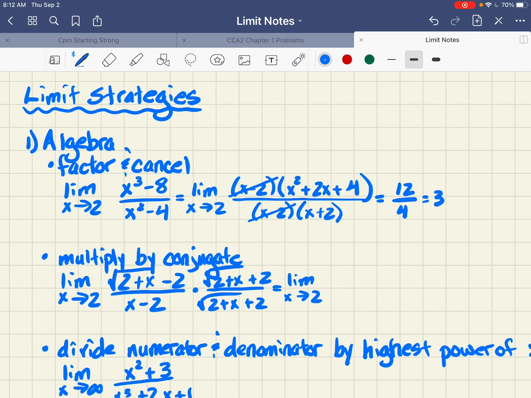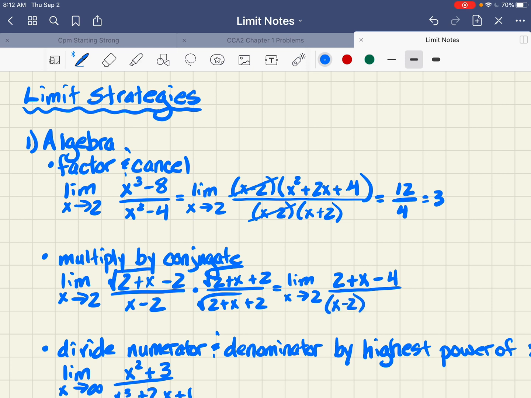You cannot be lazy and not write the limit statement and have it be mathematically correct. All right, so then if I multiply these two conjugates together, this is basically a minus b times a plus b. When we multiply a minus b times a plus b, we get a squared minus b squared. So I get 2 plus x, and then minus 2 times 2, 4, over, and now this is going to be messy, but that's okay.